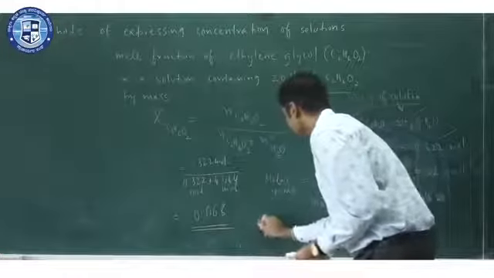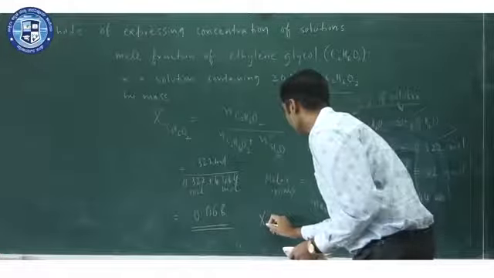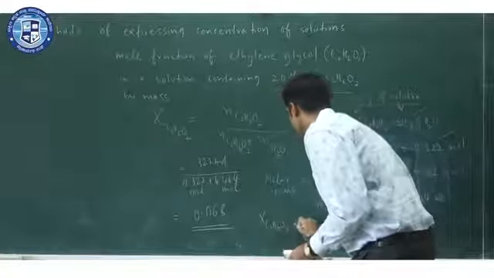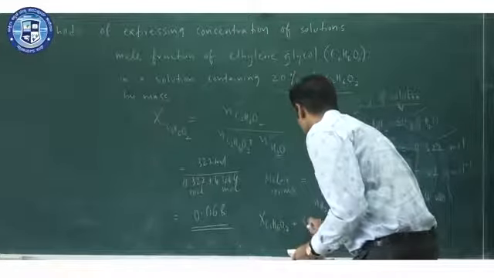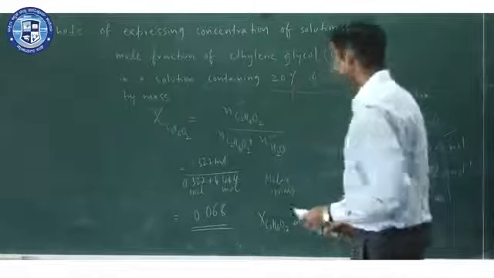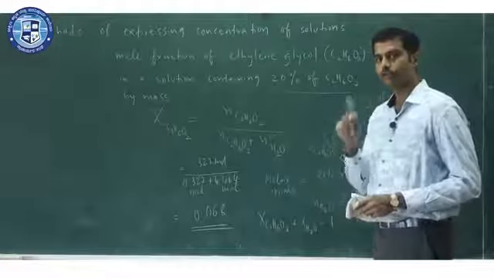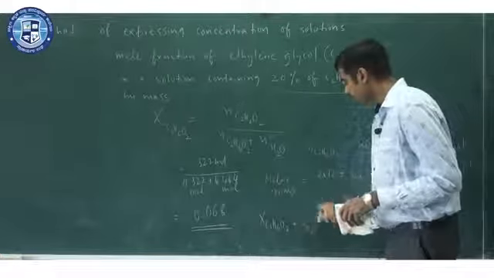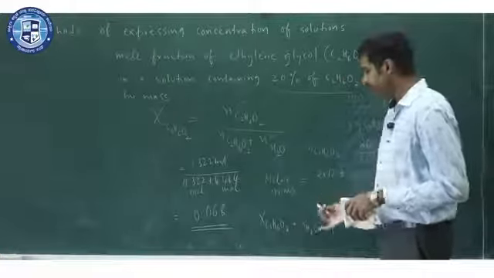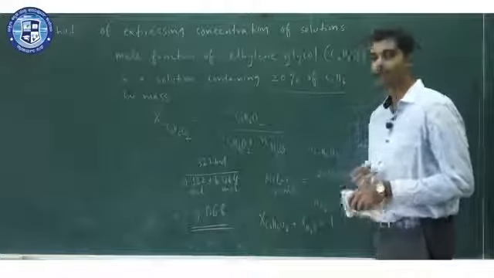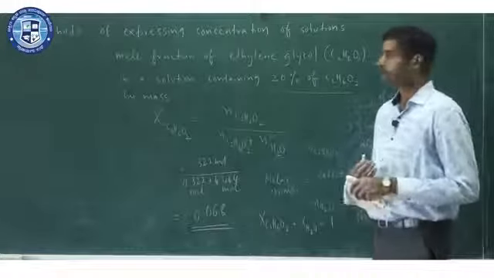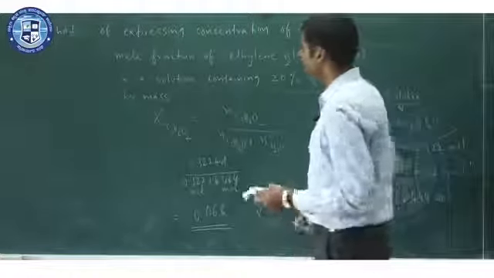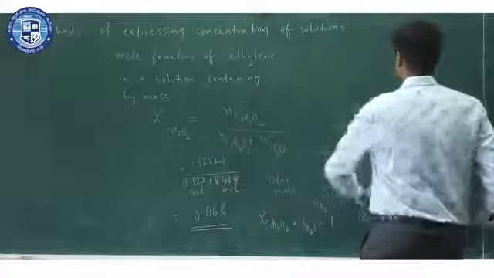We have mole fraction of ethylene glycol plus mole fraction of water is equal to 1. So we learned earlier that the sum of the mole fraction of all the components is equal to 1. So if you want to find out mole fraction of water, it can be done easily since mole fraction of ethylene glycol has already been calculated. So this is a problem which is related to calculation of mole fractions.